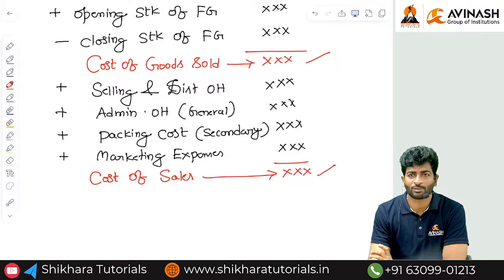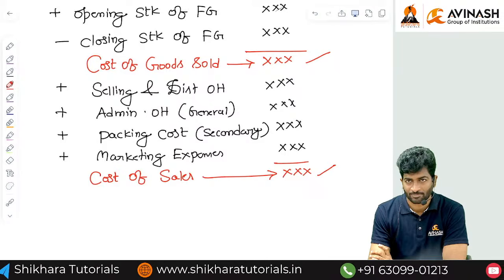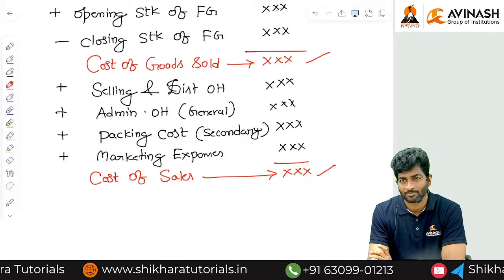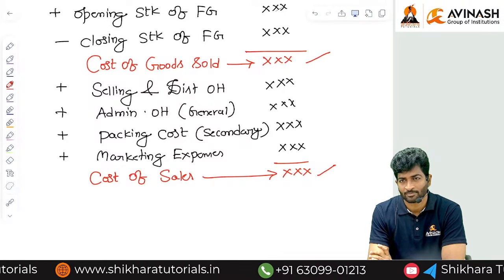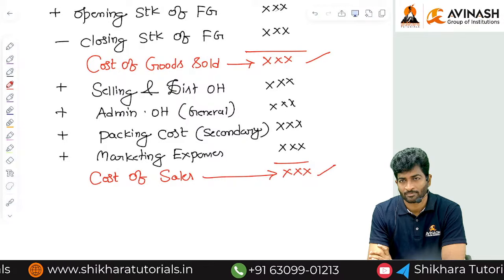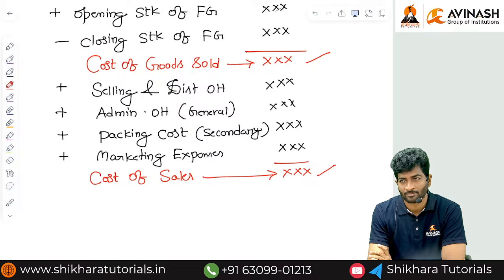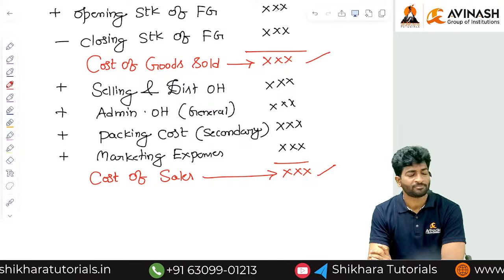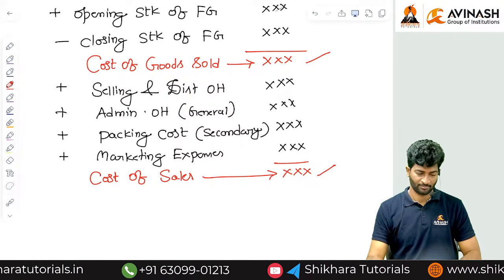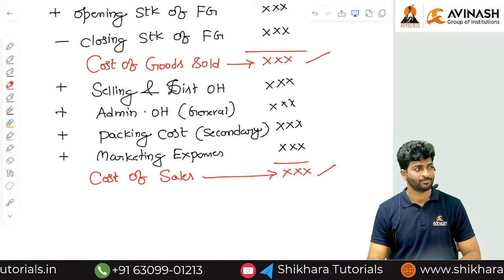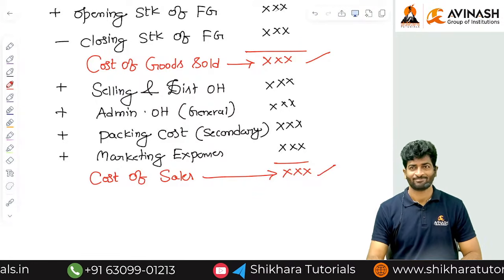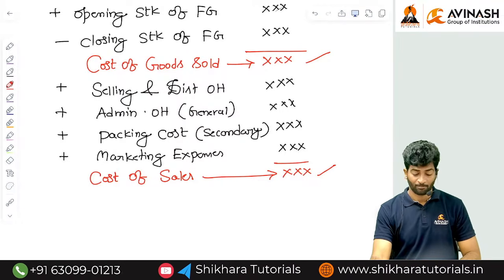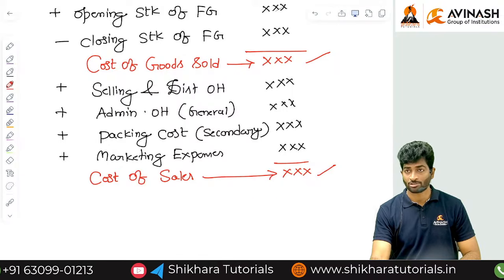Cost of production. Cost of goods sold, cost of sales.